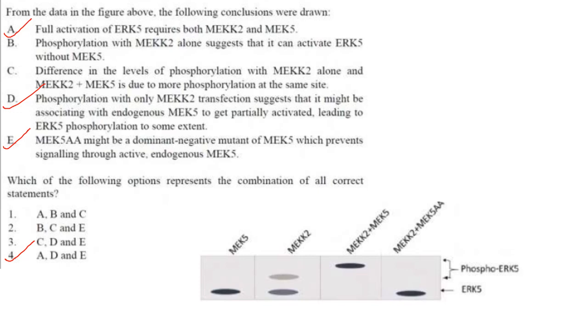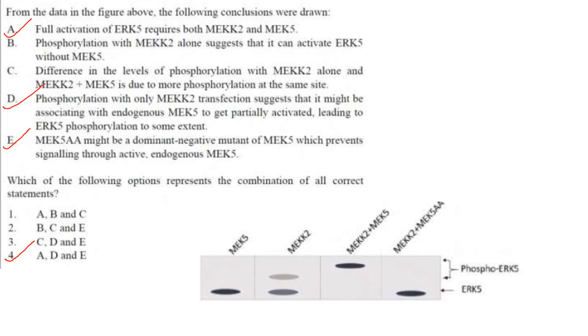So this MEKK2 you are giving as transfection product will bind with this endogenous MEK5 and then cause phosphorylation of ERK5. That is why you get a faint band over here in your western blot. But actually both MEKK2 and MEK5 have to be supplied for complete and full activation of ERK5 phosphorylation.